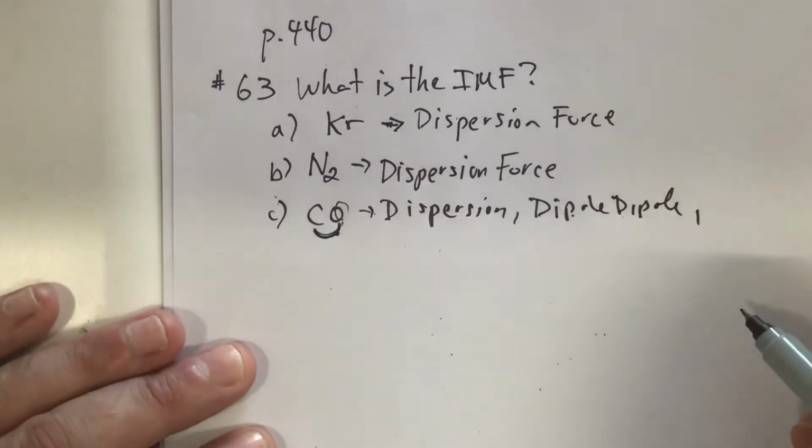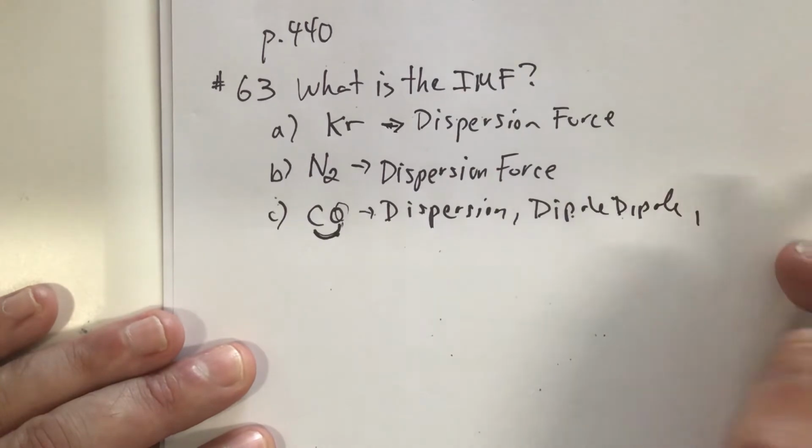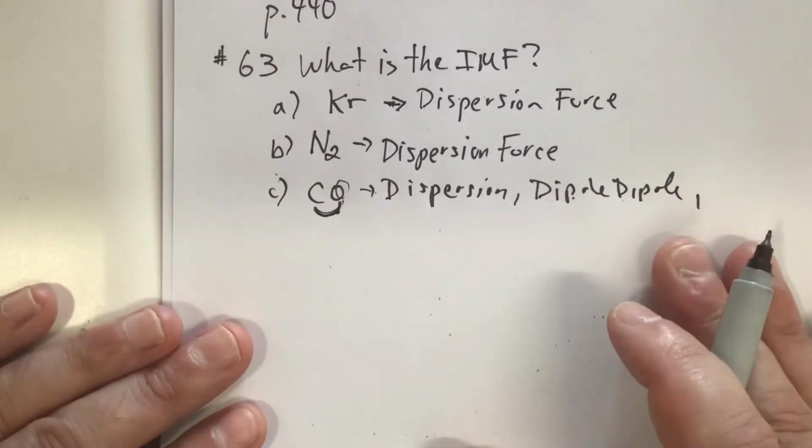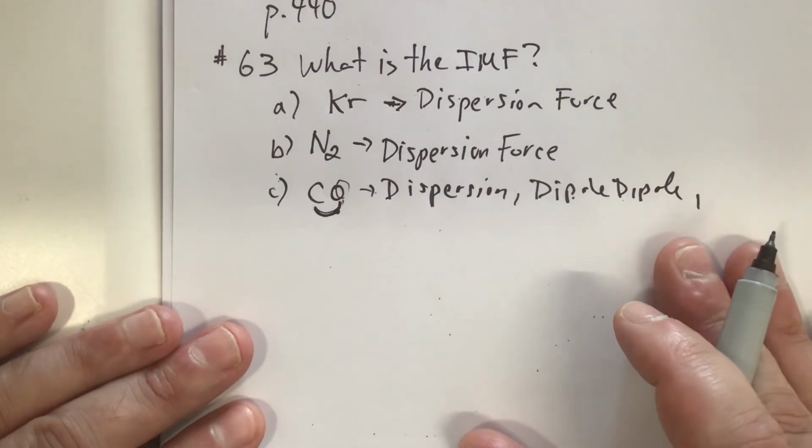There's no hydrogen involved there, so it can't be hydrogen bonding, and there are no ions that are going to be involved there, so it can't be an ion force. You need a metal and a non-metal for that.